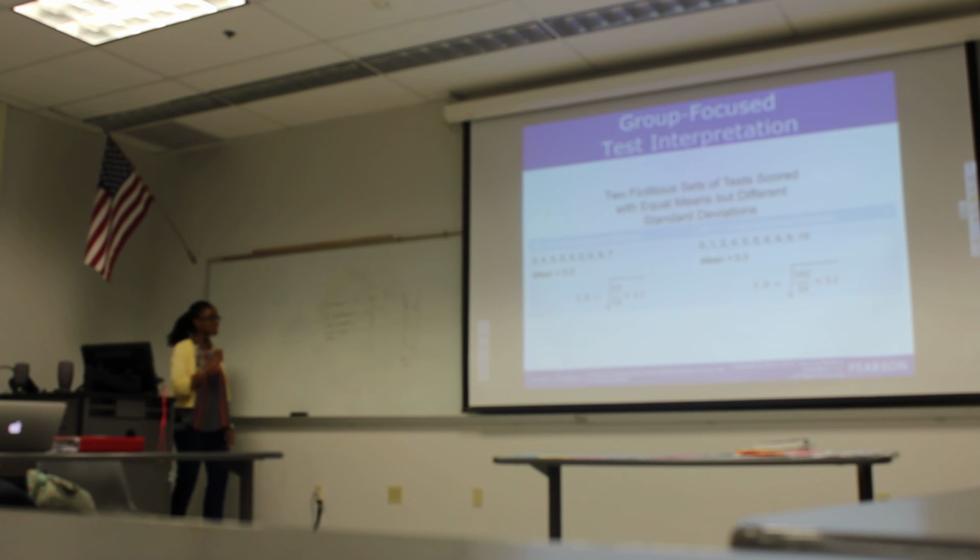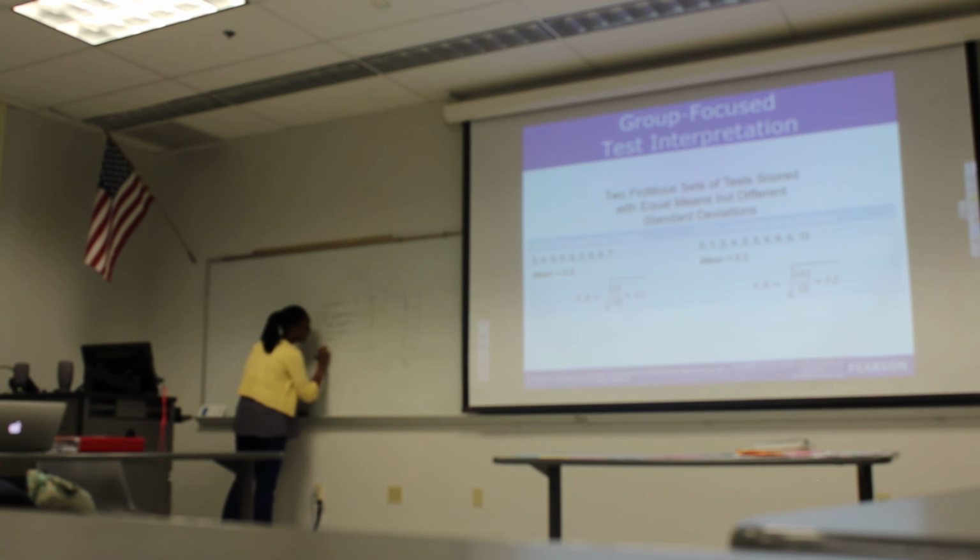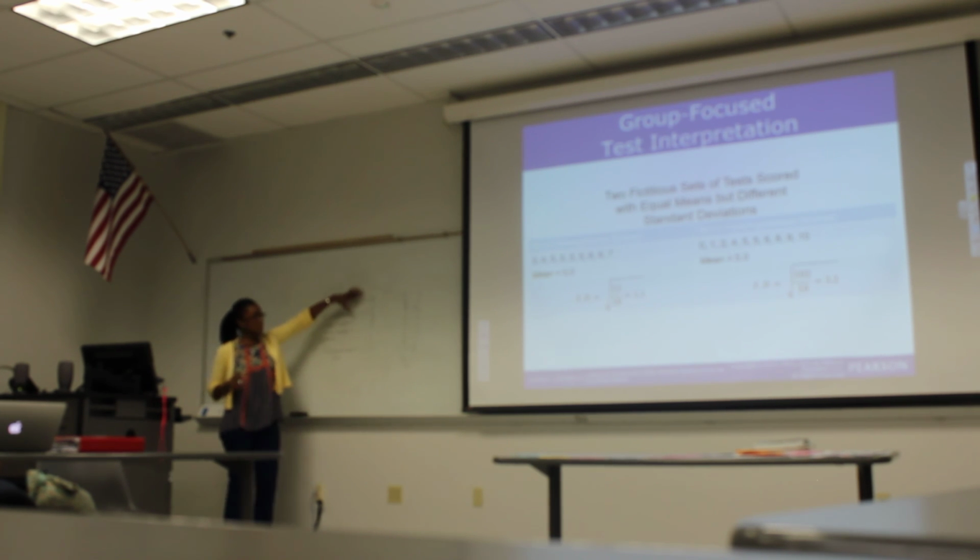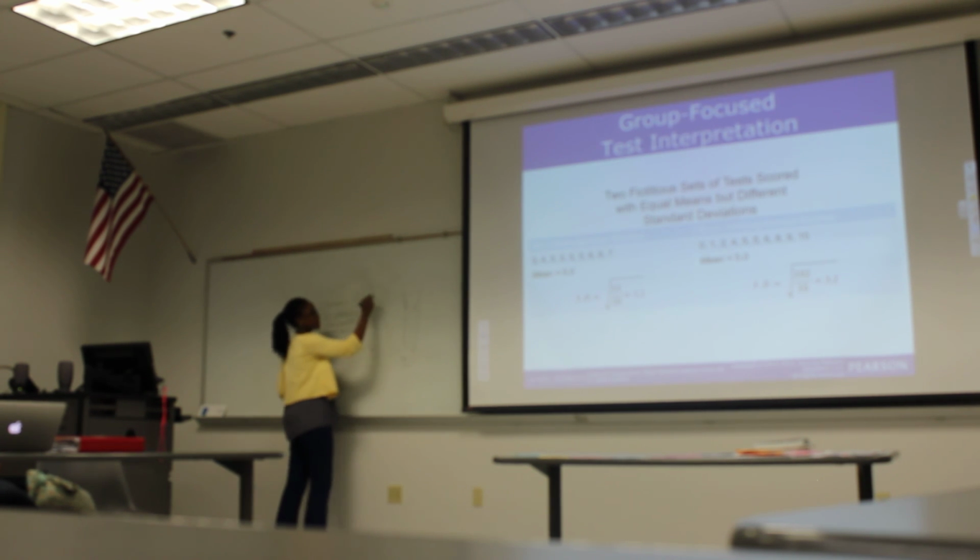So step 3 is to square each one. We'll square these numbers. So right now we have positive and negative numbers. So we'll square them all. I haven't done math in so long.